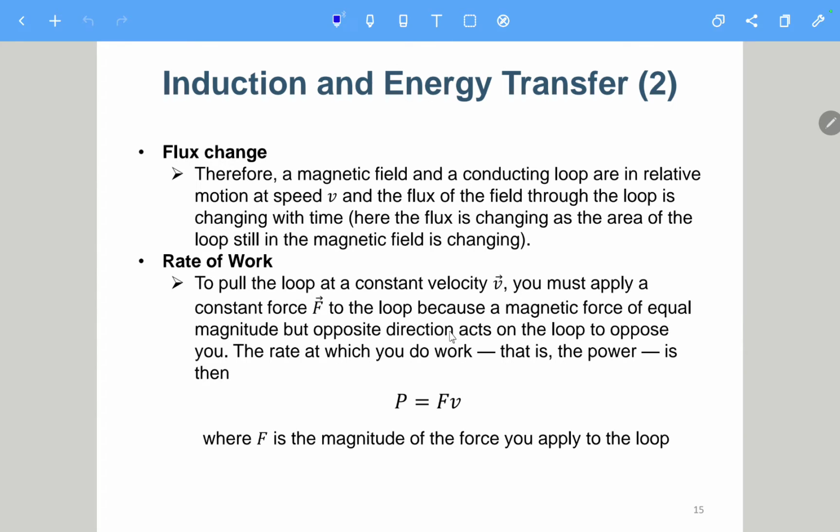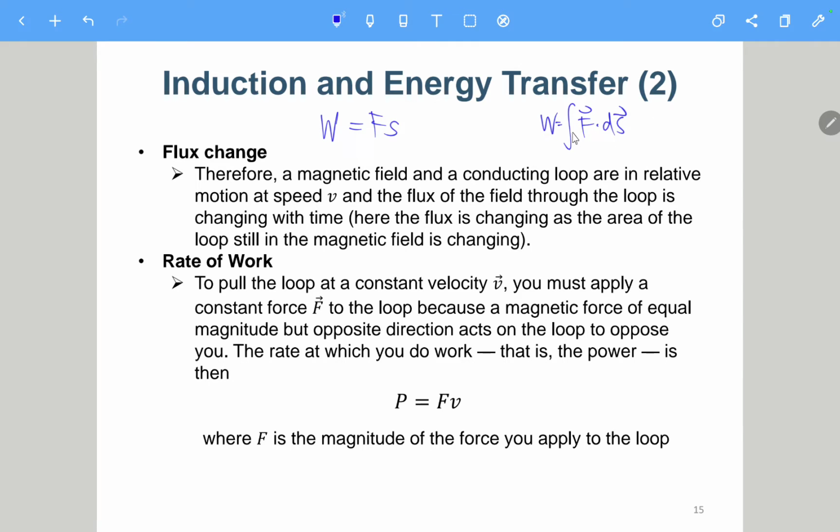The rate of work is nothing but F times v, because when you learn mechanics, F times s equals W, or generally W is the integration of F dot ds.